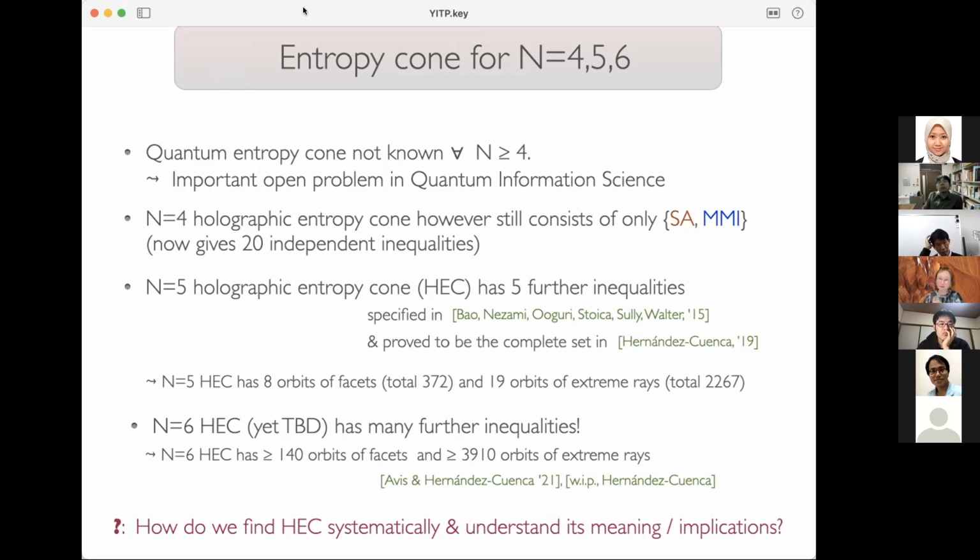So the whole motivation is to try to understand what they are actually telling us. And once you go beyond this monogamy of mutual information, there isn't a very nice narrative of what all these other inequalities actually are telling us, because they're much more complicated.